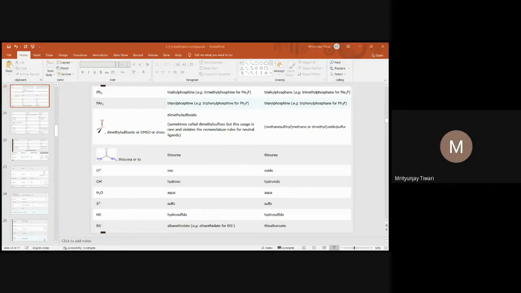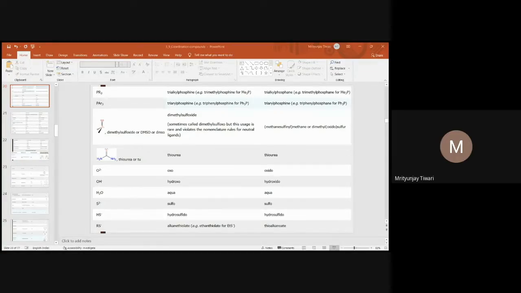However, in some cases, trigonal bipyramidal and square pyramidal are also seen. The square planar is already here.